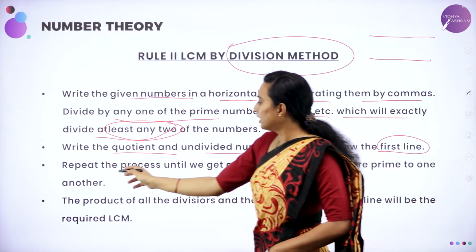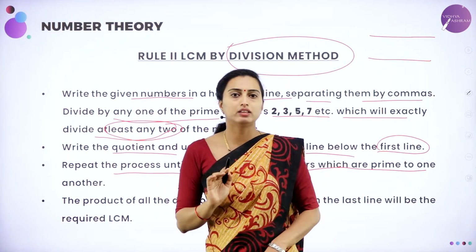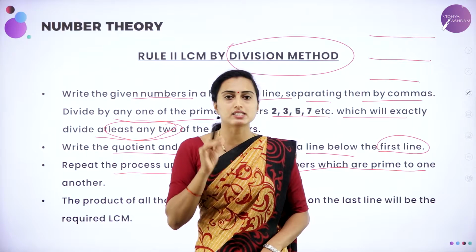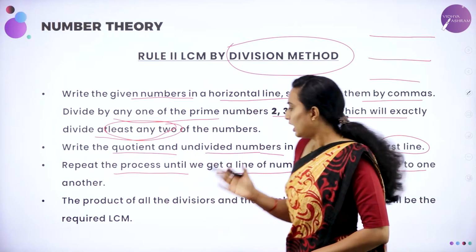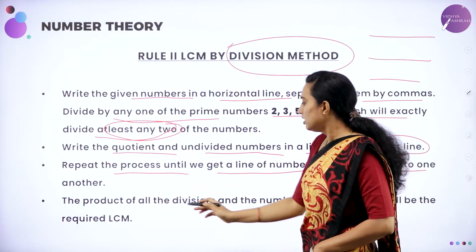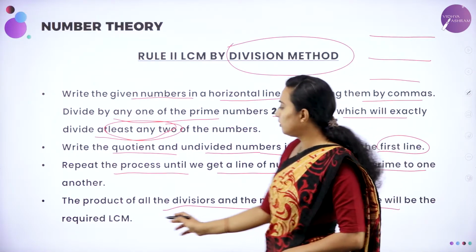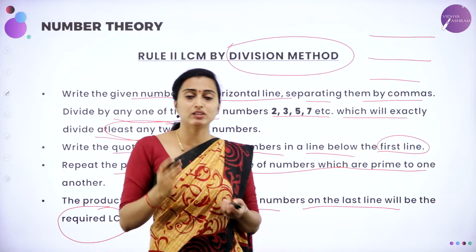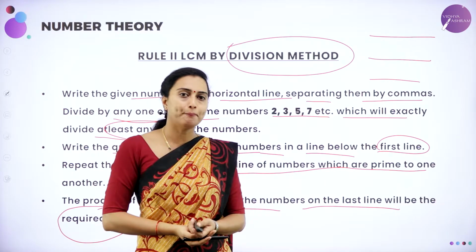So, repeat the process until we get numbers which are prime to one another in the last line. Got it? Until that, you need to repeat the process. The product of all divisors and the numbers of the last line will be the required LCM. So, the last numbers, when you multiply all the 3 or 4 numbers given, will be the product of all the primes.